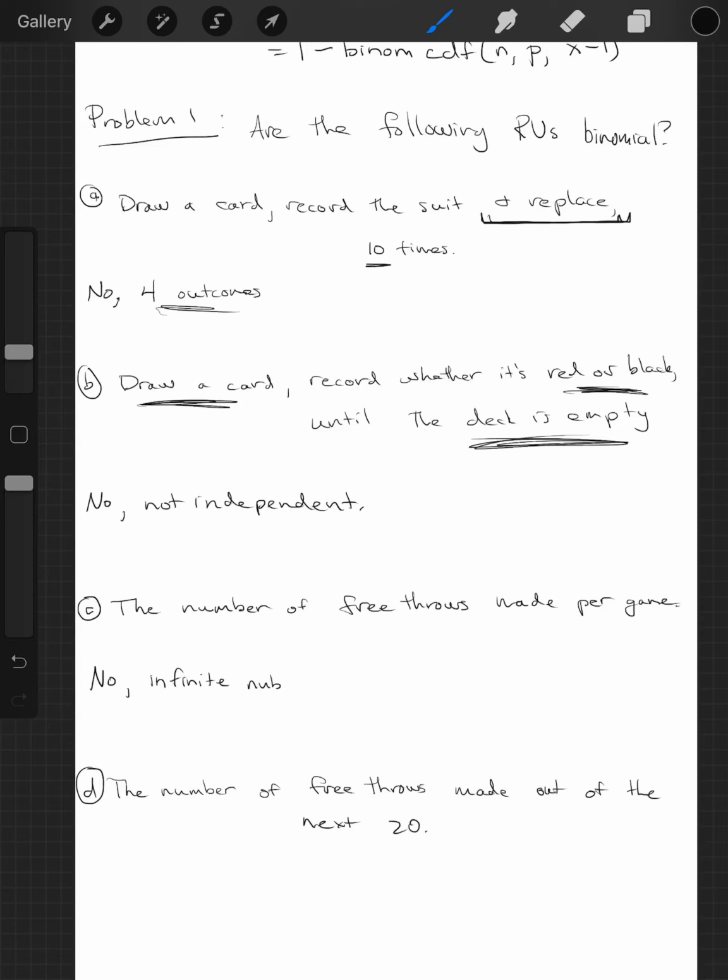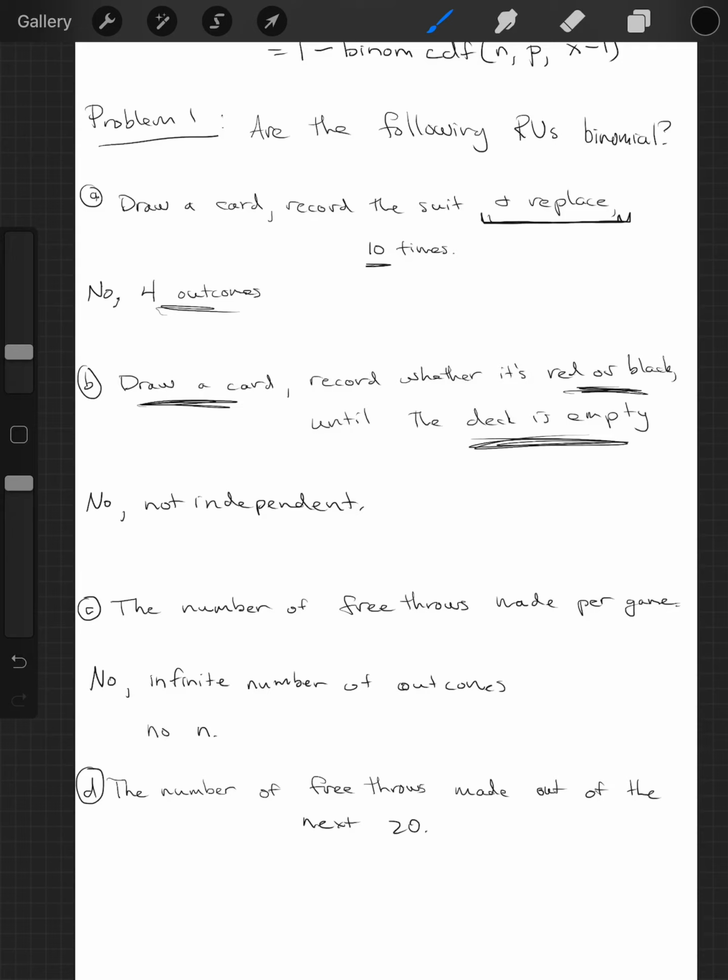So this third one is also not binomial because there's actually an infinite number of outcomes. You could get no free throws in any given game. You could get 1, you could get 2, 3, 4, 5, 6, 7. This gets increasingly unlikely, but technically there's no reason any of those outcomes are impossible.